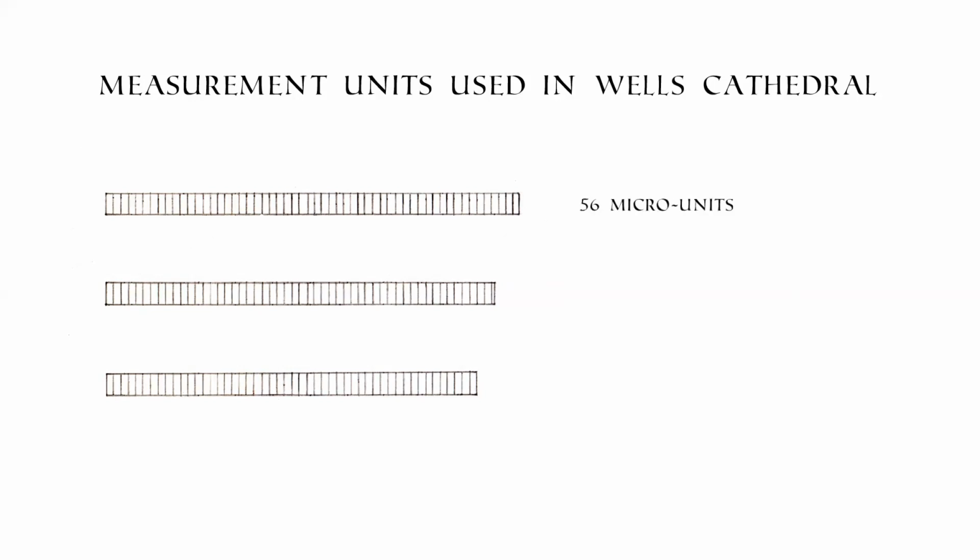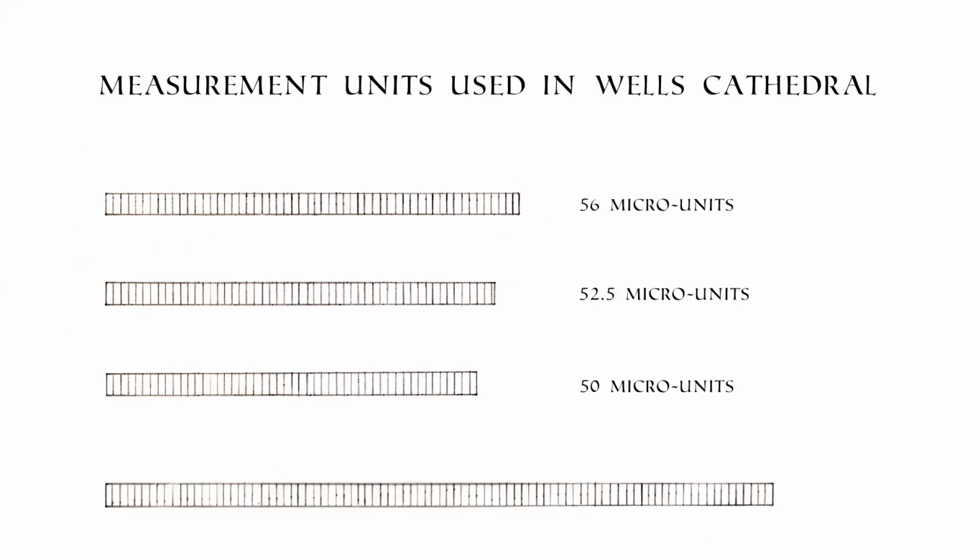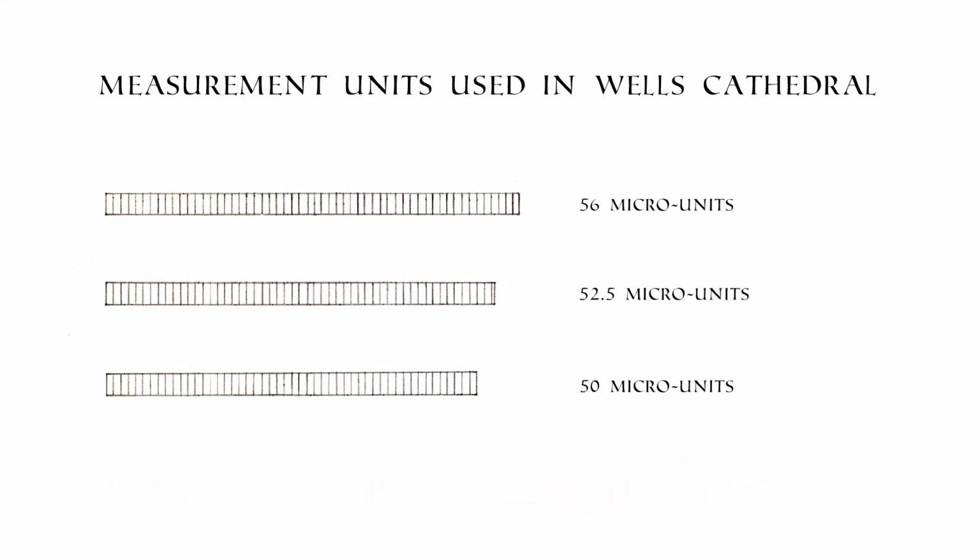Now, these divisions along the rods, there's 56 of them in that larger foot, 52 and a half in the middle rod, which is the English foot, and 50 micro units in the smaller foot. What I showed last time was the cubit, which has 90 micro units. Because we were looking at that last time, I'm not going to look at that one this time. So we're just going to look at these three foot units.